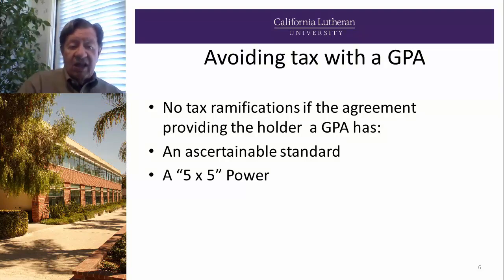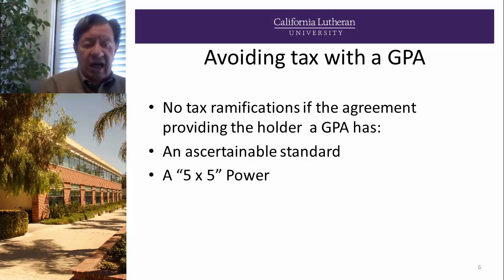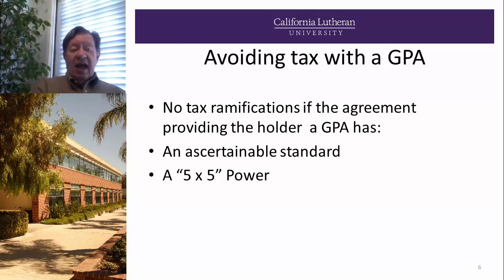The only time I can think of where you would not put these restrictions on a general power of appointment is what's called an A trust, which we cover in week 4. Other than that, and we'll give you an example, John is the oldest child, and as such I want John to be responsible for making payments as needed to the family members of income each year, and John has an ascertainable standard.